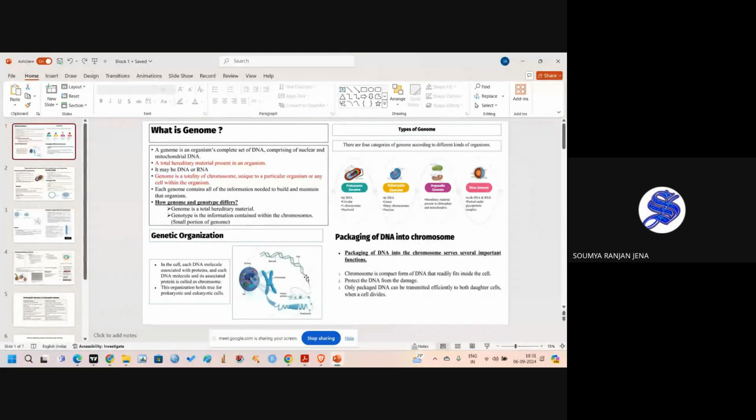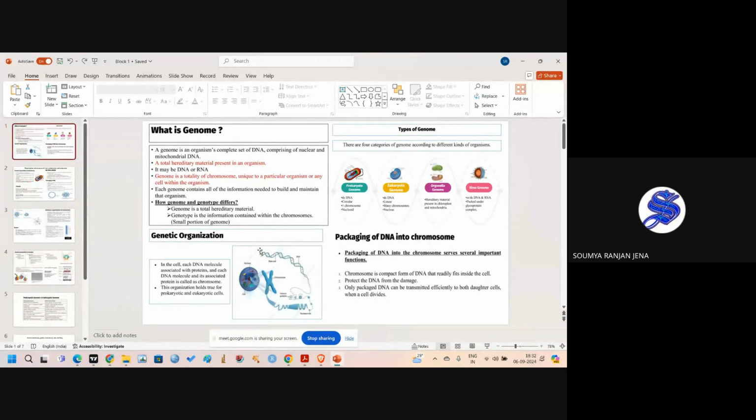DNA by itself is not a compact form; chromosome is a compact form of DNA. How this happens, we will discuss further. Then it protects the DNA from damage. If we compress the structure, it protects against damage, because different stress factors may damage our DNA.